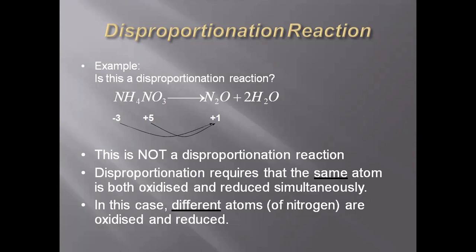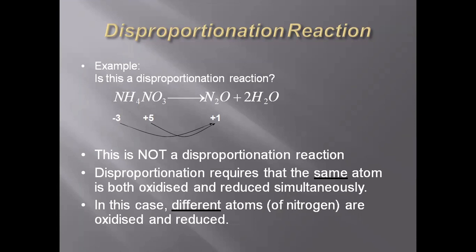Why? Because you can't clearly state whether this is an oxidation reaction or a reduction reaction. At one point it goes from -3 to +1, and at another point from +5 to +1. So you will not be able to justify clearly whether this is an oxidation or a reduction reaction. So this is not a disproportionation reaction.